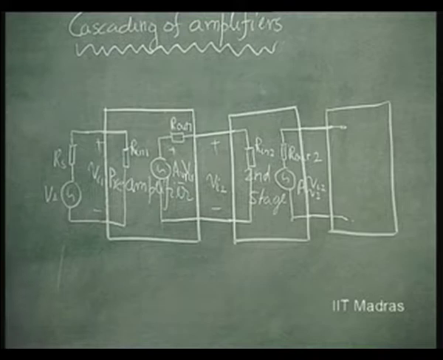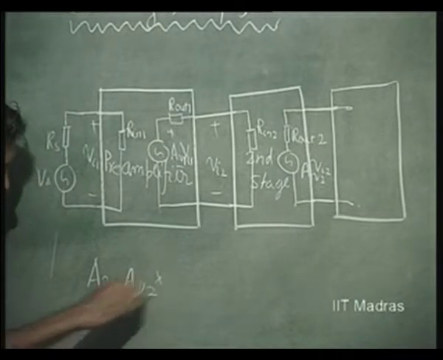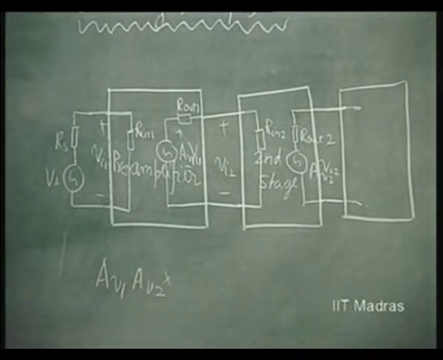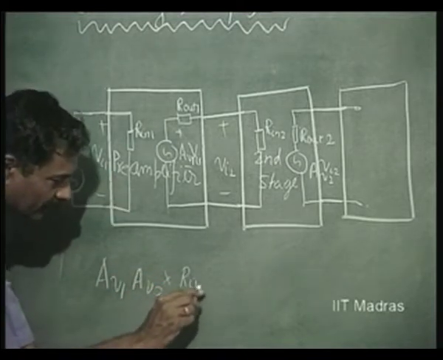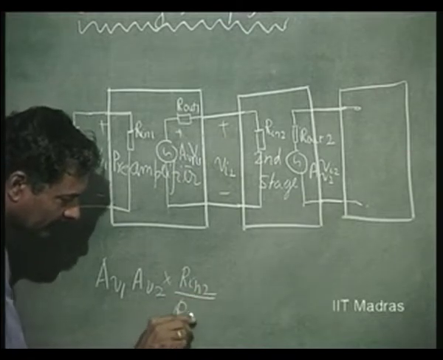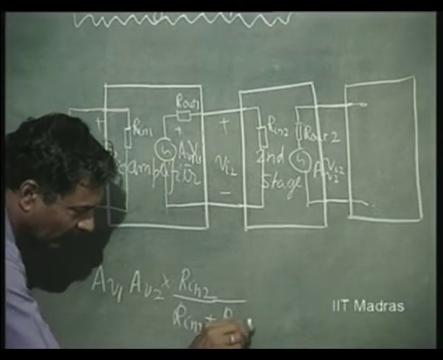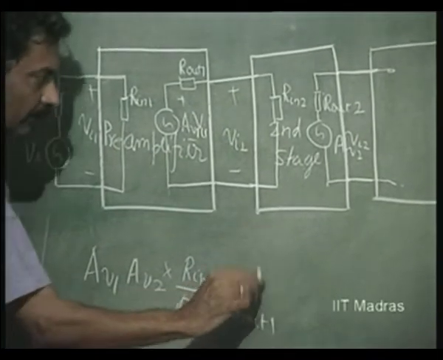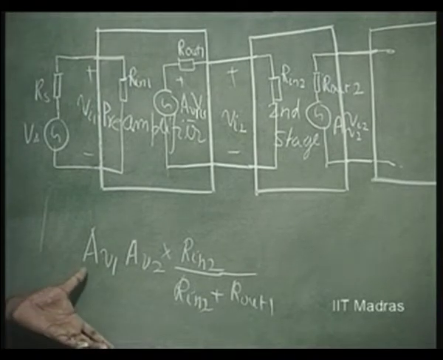So, you can therefore see that while cascading we will get all these gains as multiplication factors, but all these gains will be reduced by a factor of the next stage input impedance by the next stage input impedance plus the stage output impedance, and so on. Is this clear?